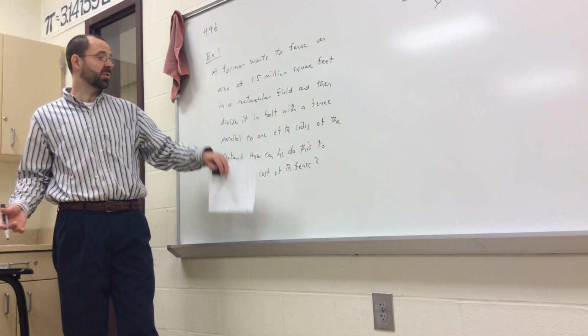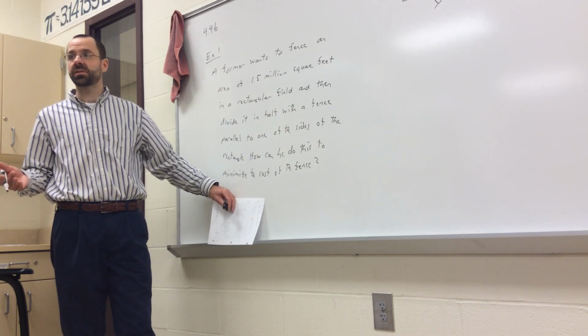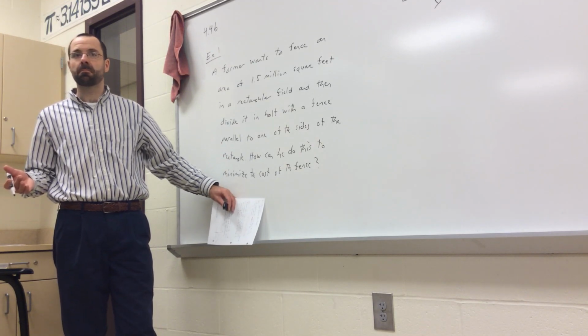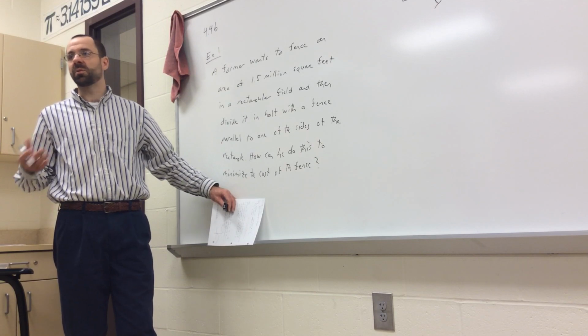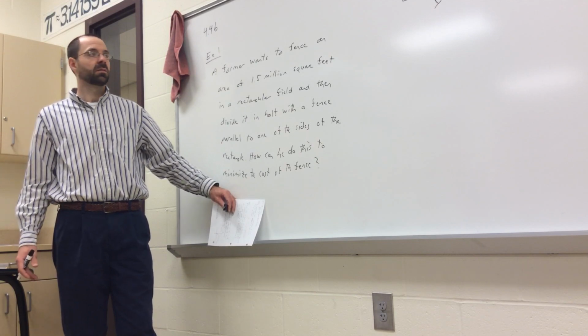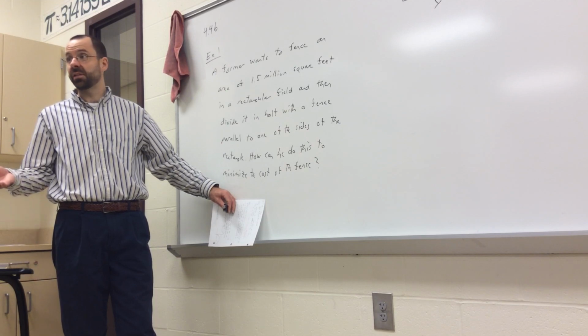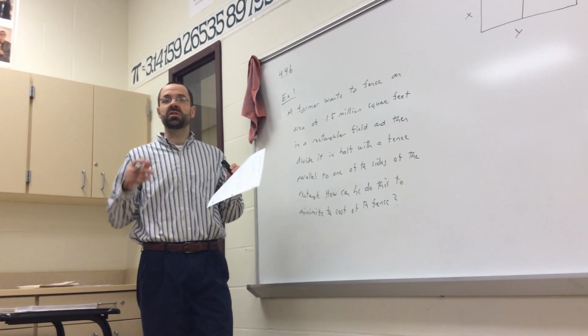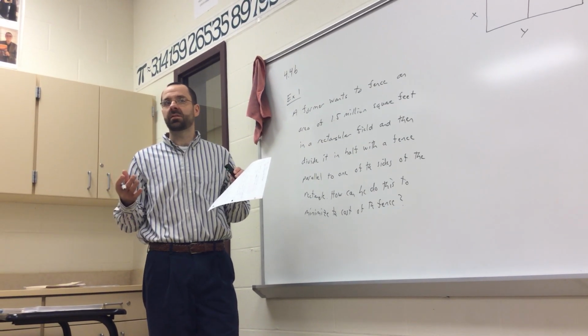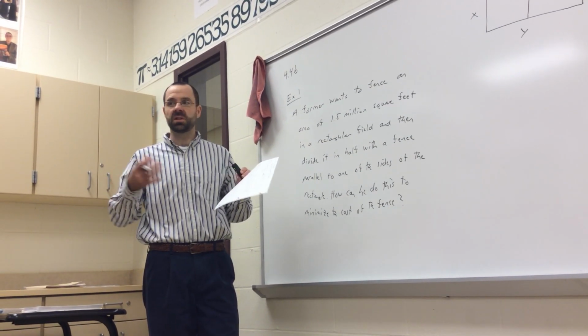But the problem is there's no information in the problem about cost. So how can we minimize the cost? What are we buying? The fence, right? We're buying the fence. So that means that if we use the least amount of fence, then we're going to minimize the cost.